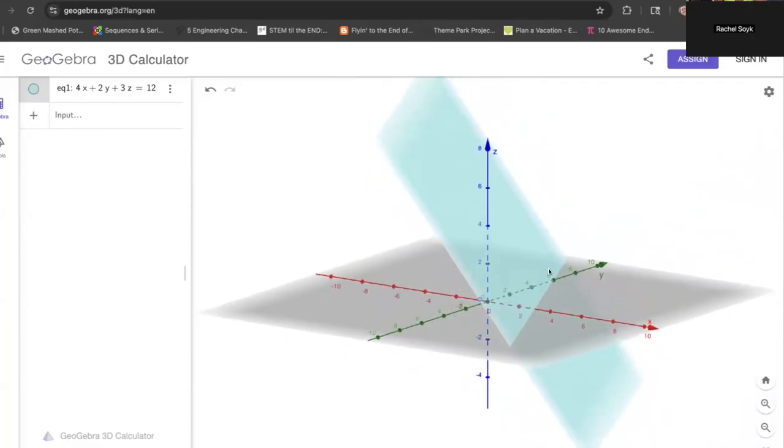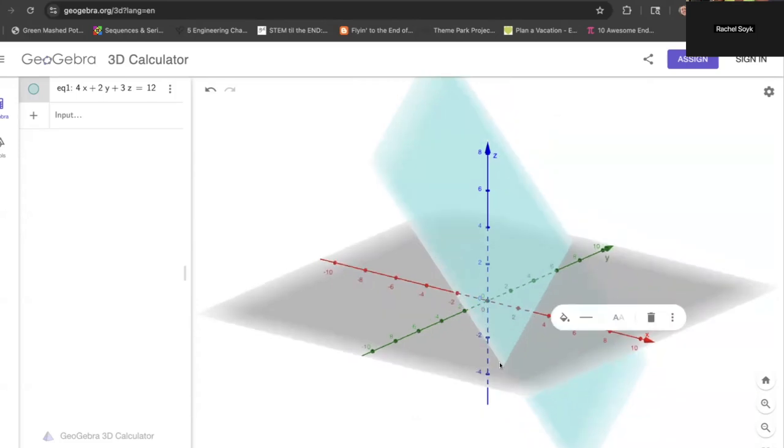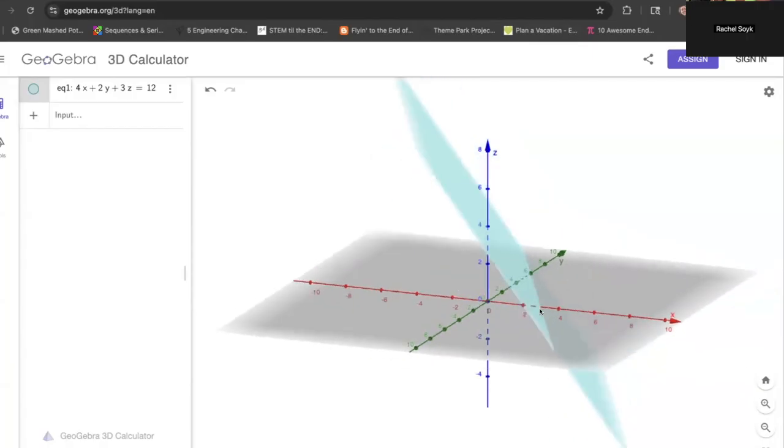Our 0, 6, 0 is right here. And then our 0, 0, 4 is right down here. Our 0, 6, 0 is over here. And then our 3, 0, 0 is over here.